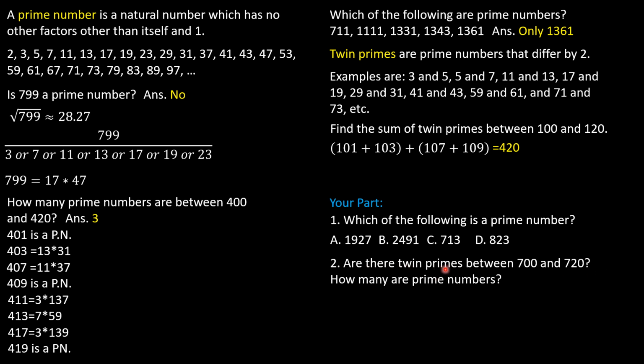Then the answer is there are no twin primes, none. However, there are prime numbers, and there are three, and these are 701, 709, and 719. So that's it, and I hope that you will answer this part here.